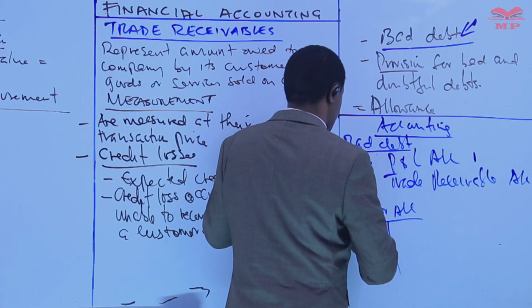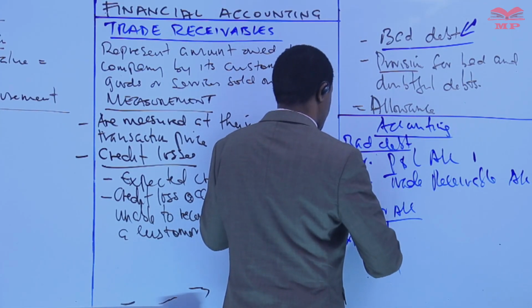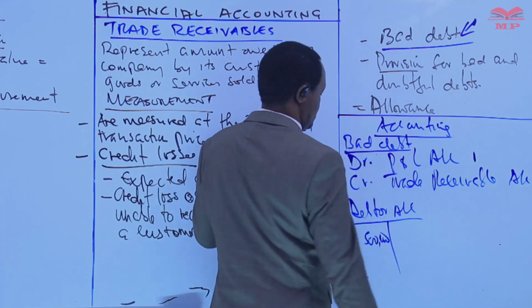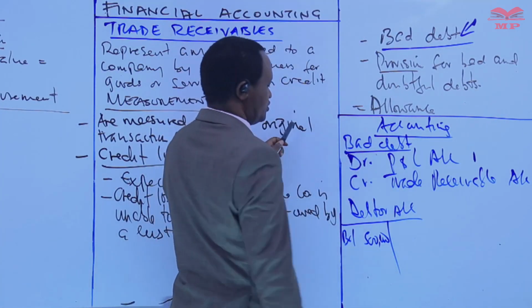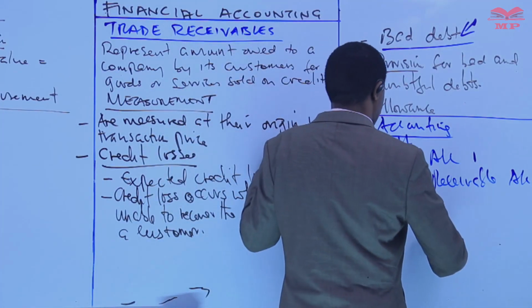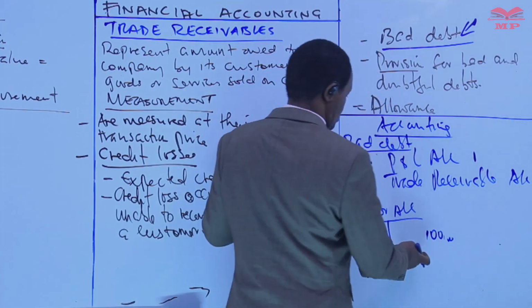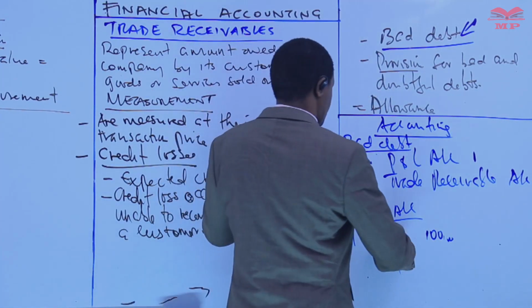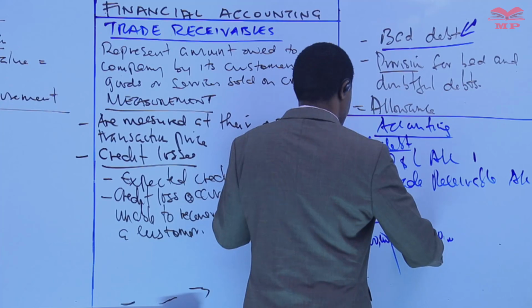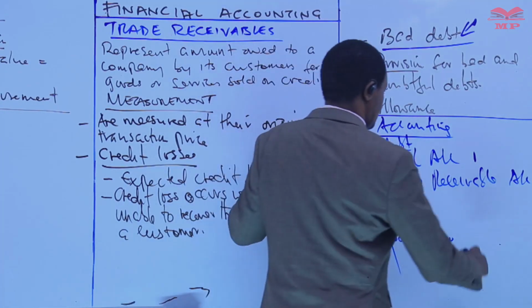Maybe there is a balance of 500,000. But out of this 500,000, 100,000 may not be collected. So you credit this account with the bad debt account. So you open the bad debt account.